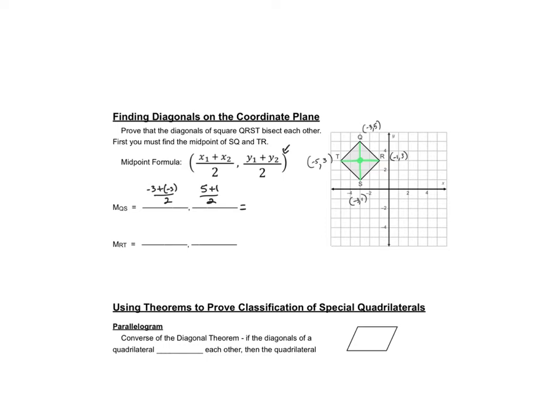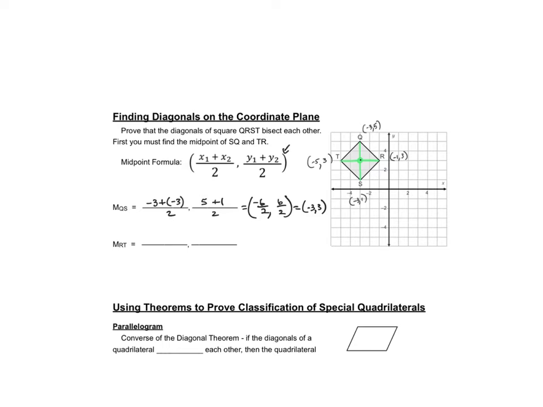So negative 3 plus a negative 3 divided by 2, and then 5 plus 1 divided by 2, which turns out to be negative 6 over 2 and 6 over 2, which simplifies to negative 3, 3. And okay, so that's one point. So the midpoint of QS is negative 3, 3.